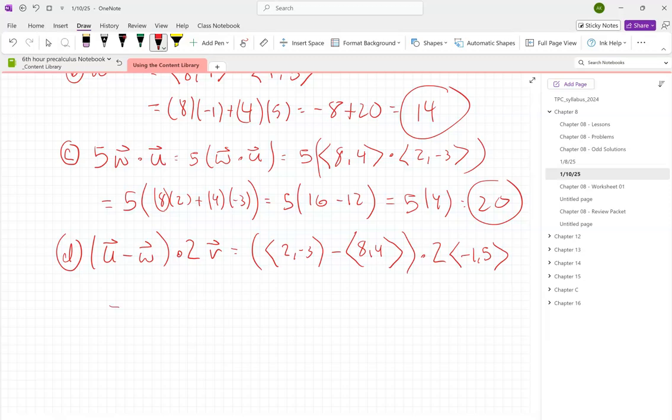Now, what do I need to do first here? Yeah, I would definitely do that. So that's negative 2 minus 8 is negative 6. And then negative 3 minus 4 is negative 7.